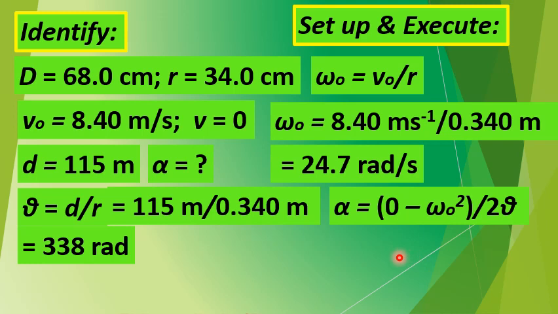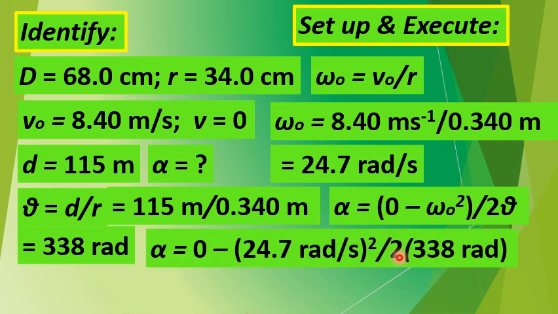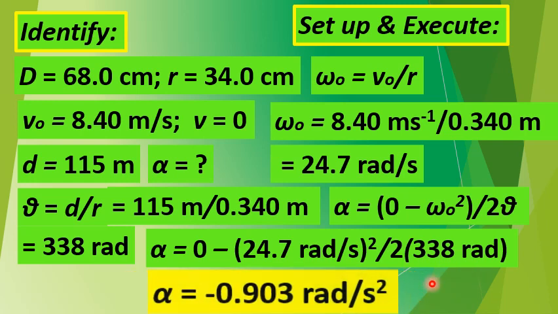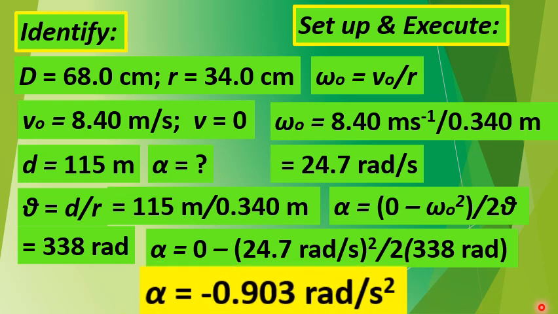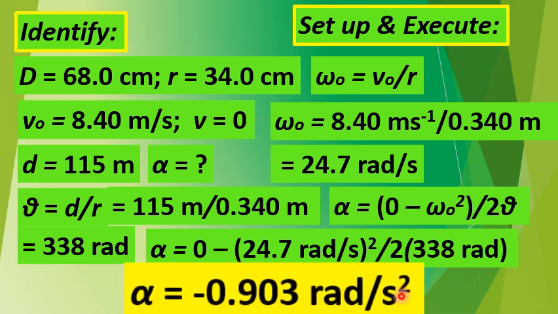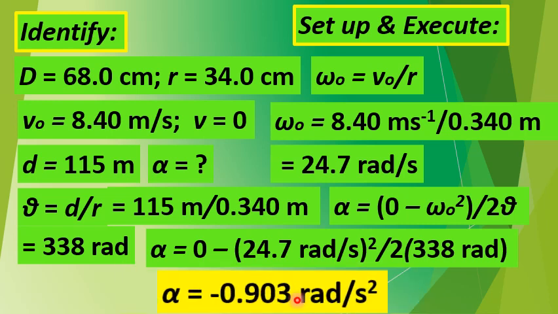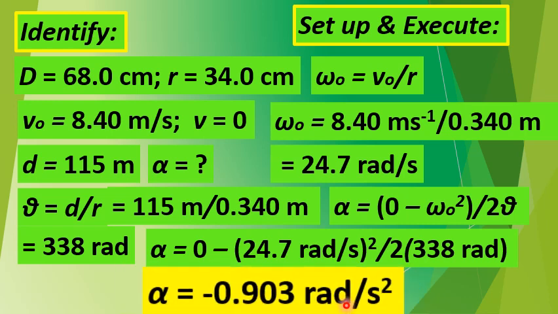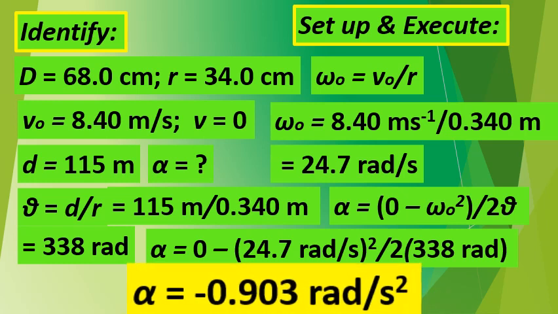Substituting, we get alpha equals 0 minus the square of 24.7 radian per second, divided by twice the computed theta, 338 radians. Doing our math, we arrive at the angular acceleration alpha equal to negative 0.903 radian per second squared in three significant figures.